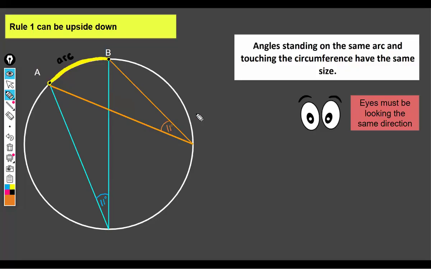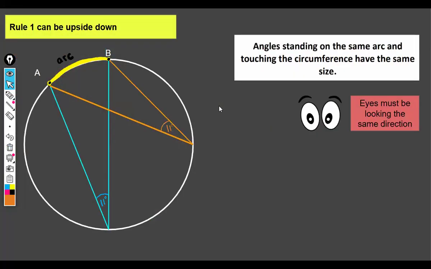In fact, you're not even supposed to use your protractor because this falls under rule 1. So without physically measuring the orange angle, you should have predicted the answer would be 11 degrees also.